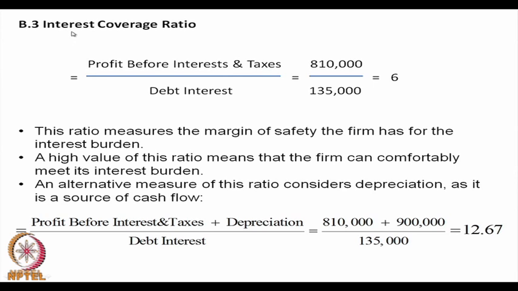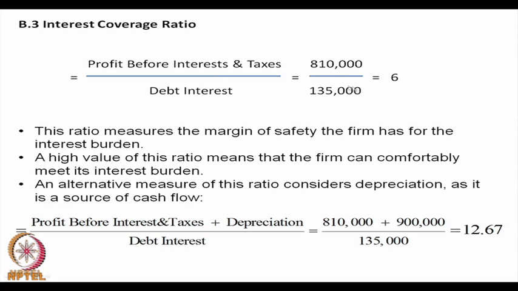Next, we consider the interest coverage ratio. The interest coverage ratio is basically a ratio of PBIT, profit before interest and tax, and debt interest. This is the amount of interest that you are supposed to pay and how much you have got as profit before paying interest and taxes.